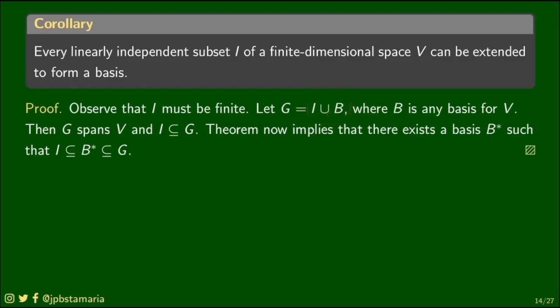Obviously, this is a spanning set. Then use the previous theorem from last time to guarantee that a basis B star can be found between I and G. So that's it.